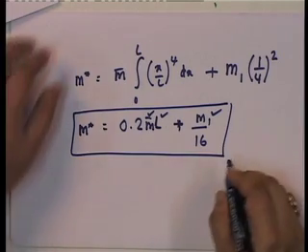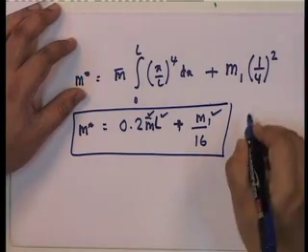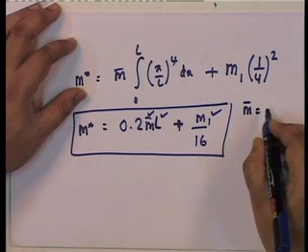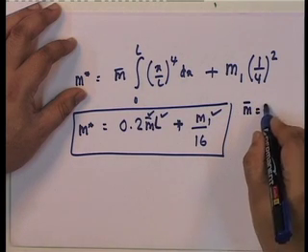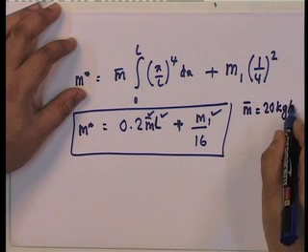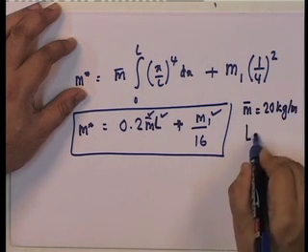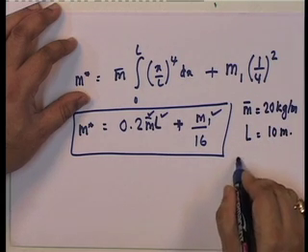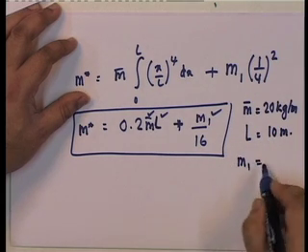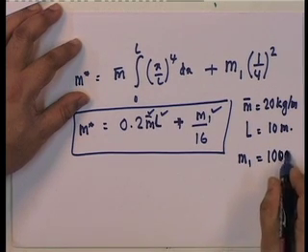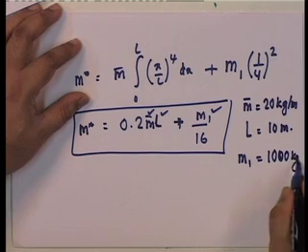Okay, I'll put down some values. Let me put m bar equal to 20 kg per meter. Let's take L equal to 10 meters, and let's take m1 equal to 1000 kgs.